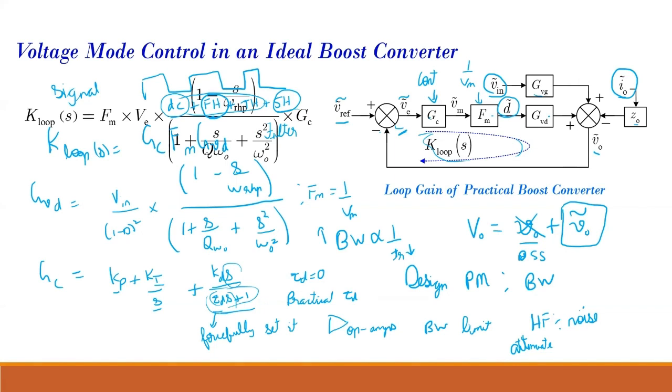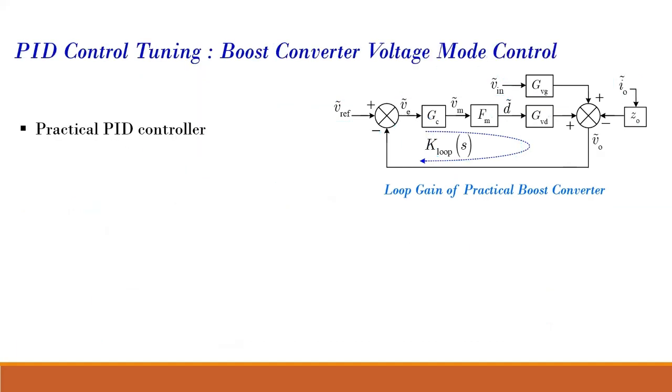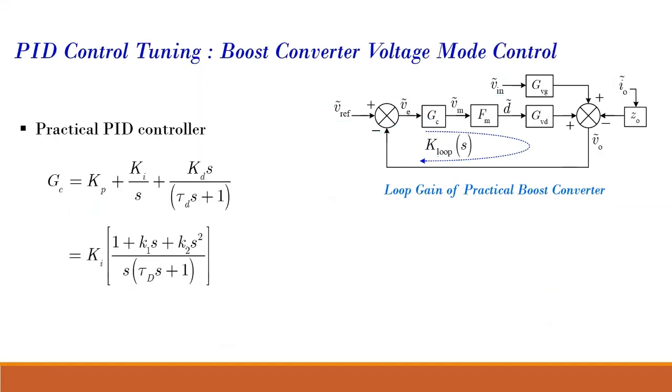So I will proceed. These are certain expressions I write down over here. So this is our practical PID controller. This is the expression of a practical PID controller, and then what we do is factorize GC.